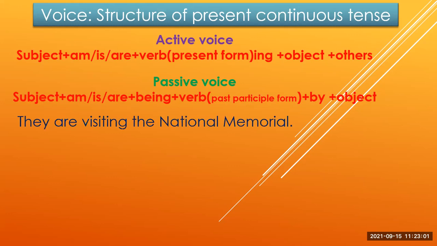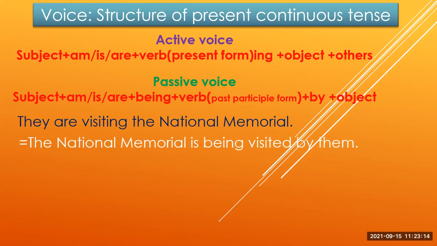For example, they are visiting the National Memorial. This is a present continuous tense structure. So, in passive form, the structure is the National Memorial is being visited by them.